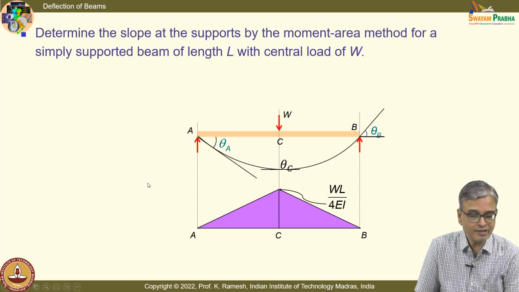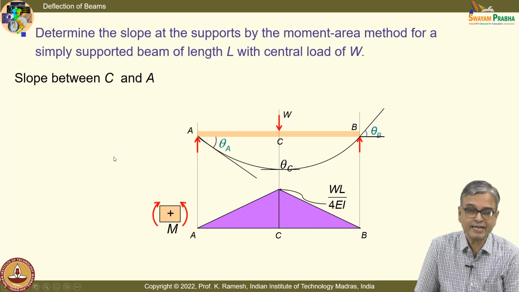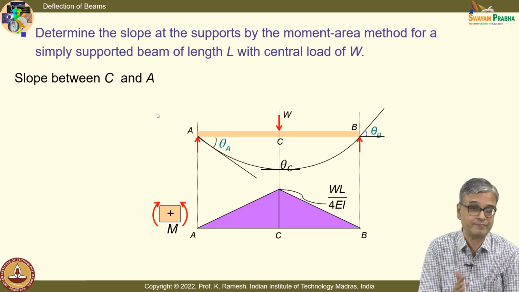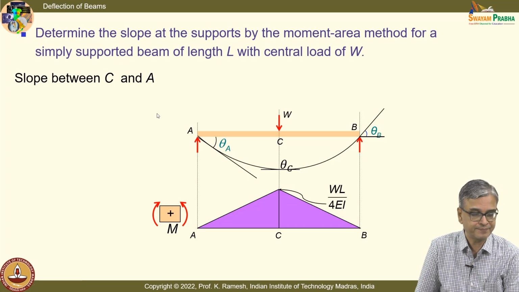Because I have taken one point as having 0 slope, the idea is what points you should select to start solving the problem. That is where you have to apply your mind.